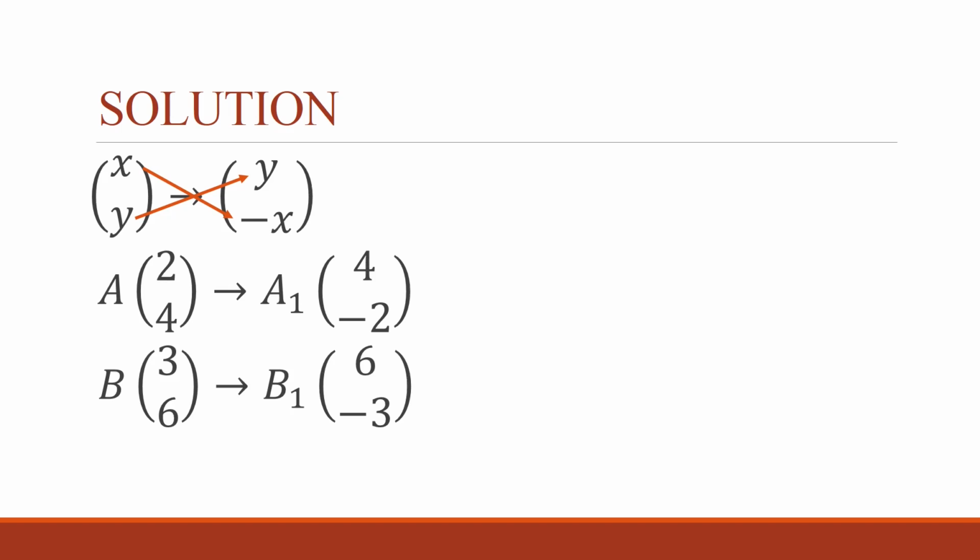And as usual, the x coordinate moves down and is negated, whilst the y coordinate moves up. And that will produce the image point B1, which is (6, -3). The last point C, which is (6, 6), also implies that the x coordinate, which is 6, moves down and is negated, whilst the y coordinate moves up. And that will produce the new image point C1 (6, -6).